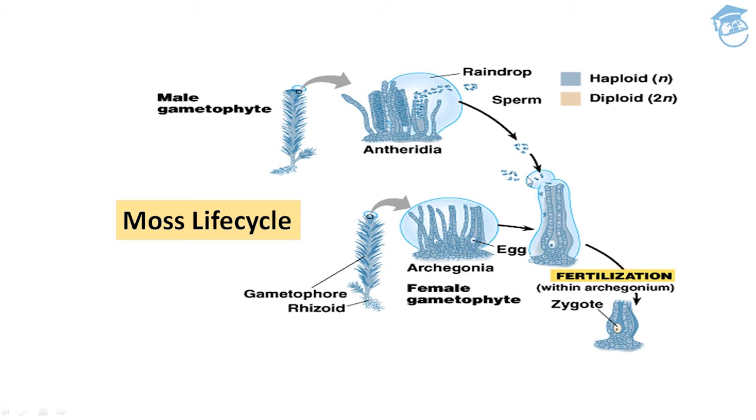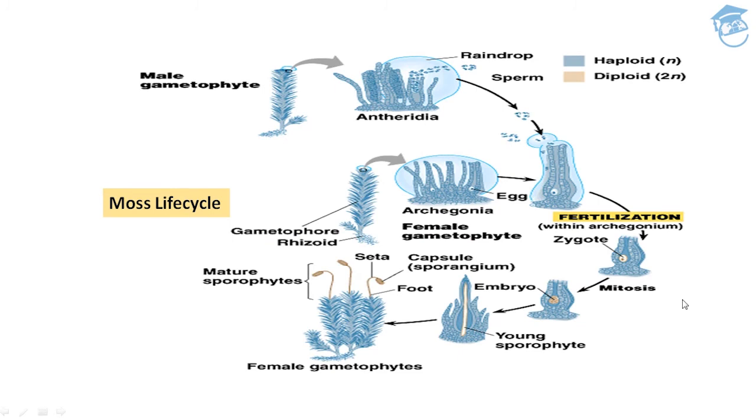This layer is showing a raindrop. So with the help of a raindrop, fertilization takes place from antheridia to archegonium. This is the gametophore, this is the rhizoid, and this produces archegonia, which has the egg present in it, and thus sperm and egg get fertilized and zygote is formed.